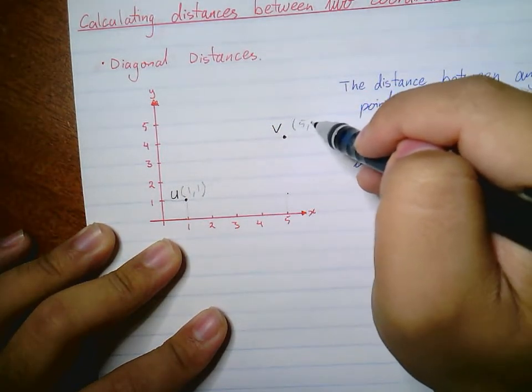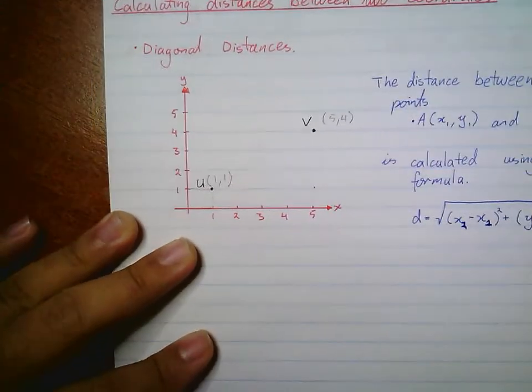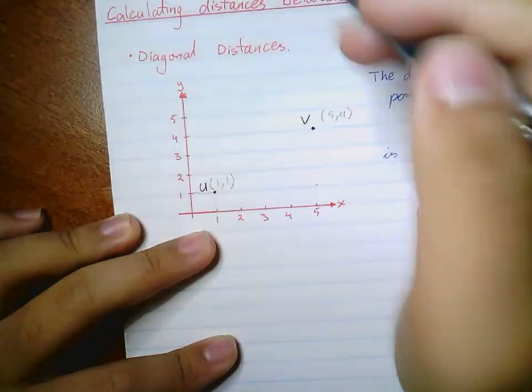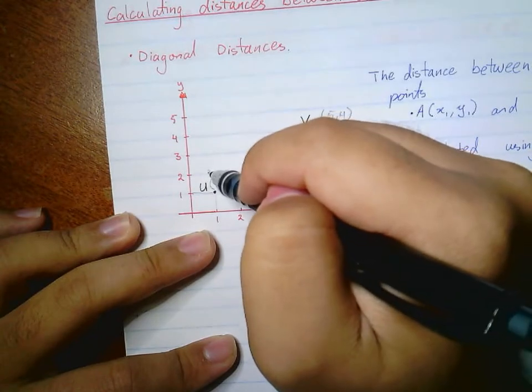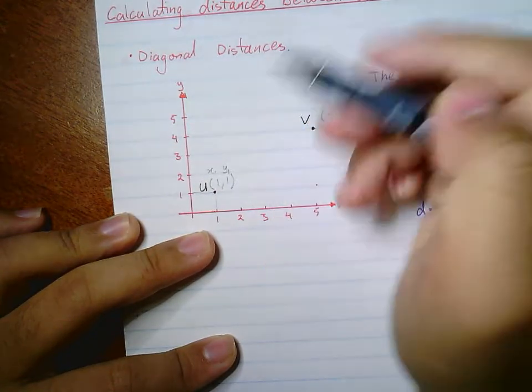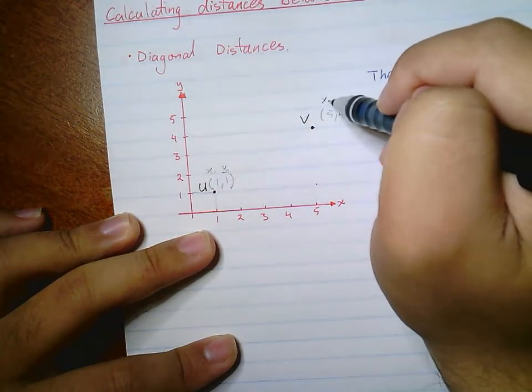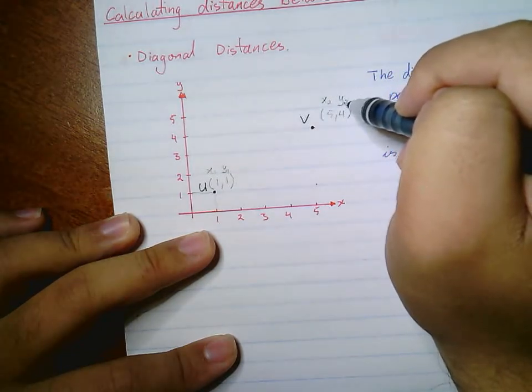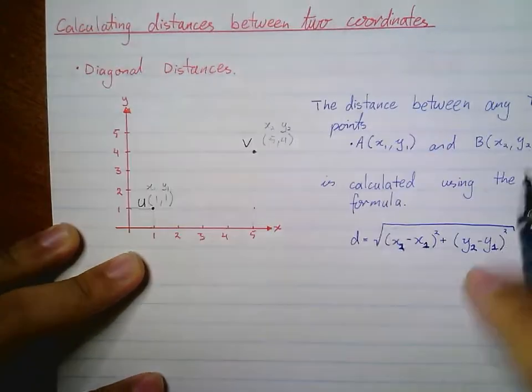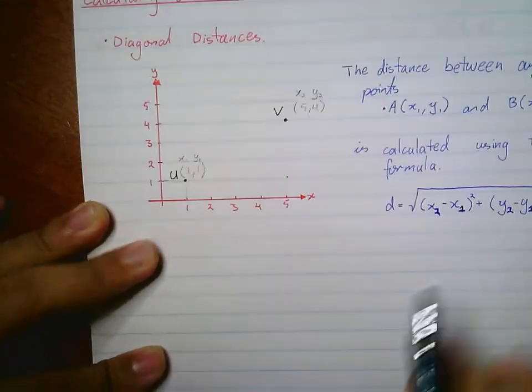And what I do is I label the leftmost one x1, y1, and this one x2, y2. And I just use my formula.